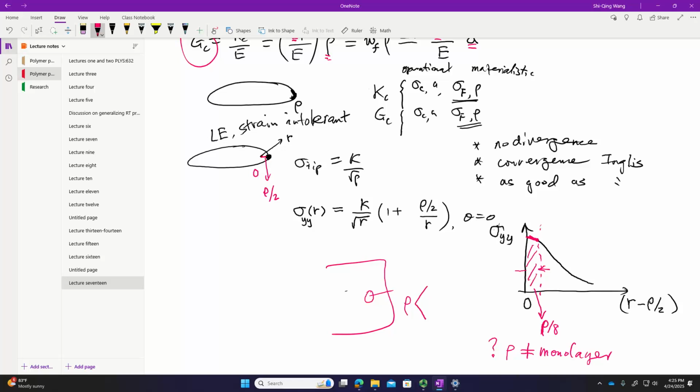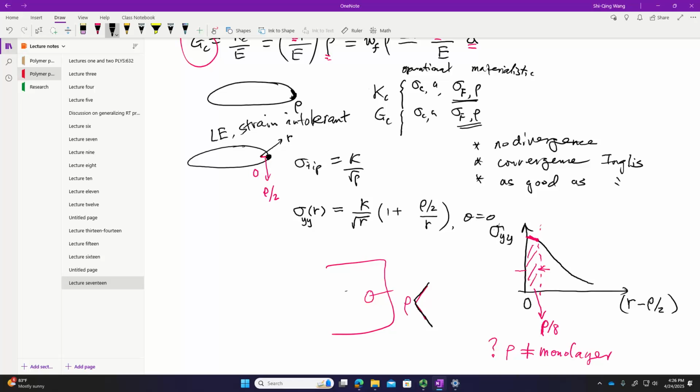Knowing today what we know, I can tell you, or you can be convinced, if I try to make such a crack in window glasses, do you expect that tip of that crack to be very sharp? Short answer is yes.